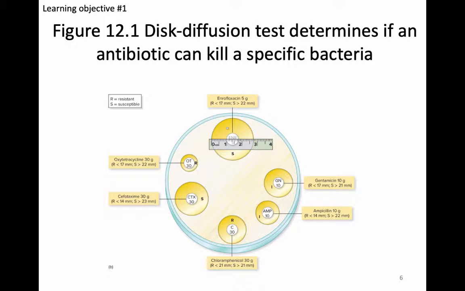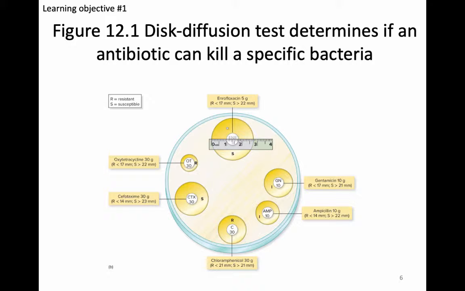We see a really big zone of clearing around enrofloxacin, and then there are varying sizes of zones of clearing around all of the other antimicrobial discs. You would then take a ruler and measure the diameter of the zone of clearing around each of the discs.